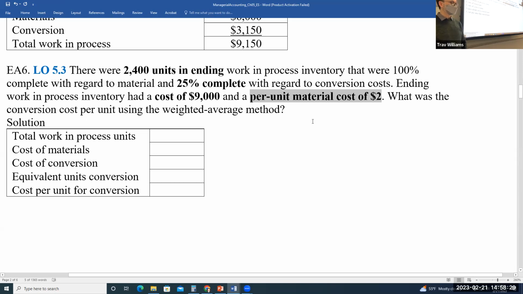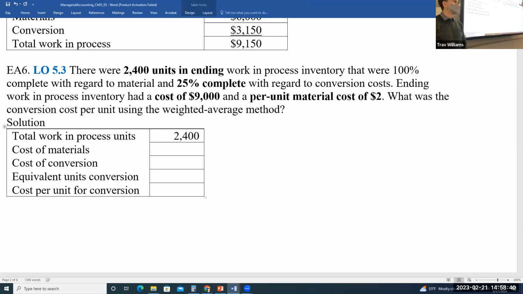Okay. Well, let's just take this one step at a time. How many units are in process? 2,400. Right, so at the end of the period, there are 2,400 units still in process. What was the cost of materials? $2 per unit. Exactly, $2 per unit.